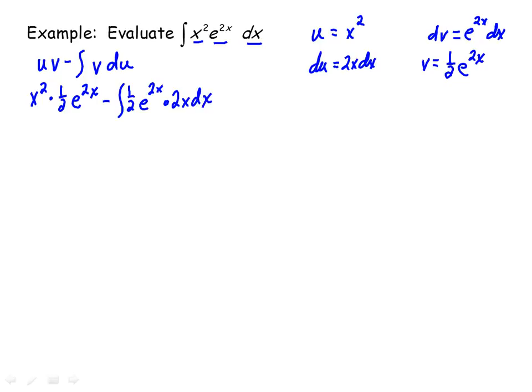I'm glad I didn't pull the 1/2 out, because it's going to cancel anyway. So we have 1/2 x squared e to the 2x minus the integral of e to the 2x x dx.